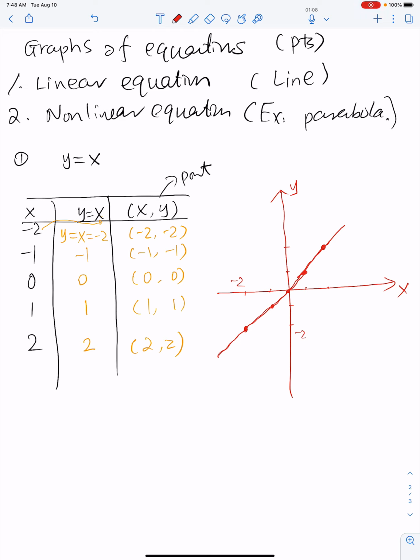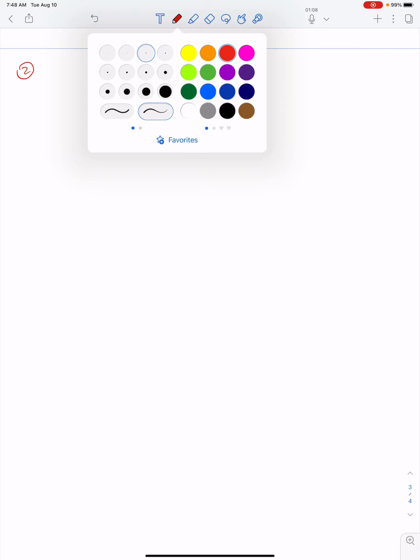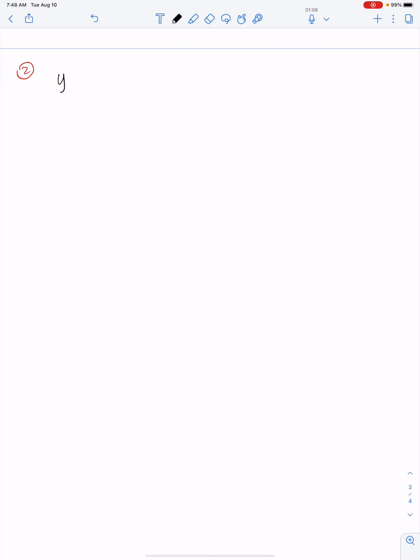Are you guys okay? Okay, so the next thing that we wanted to try: there are several equations that I wanted you guys to remember. Y equal to x squared, y equal to absolute value of x.